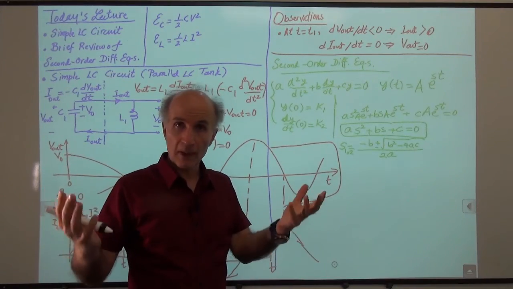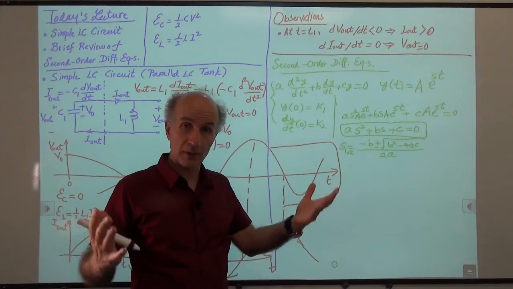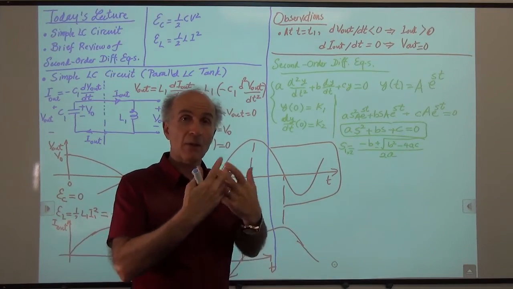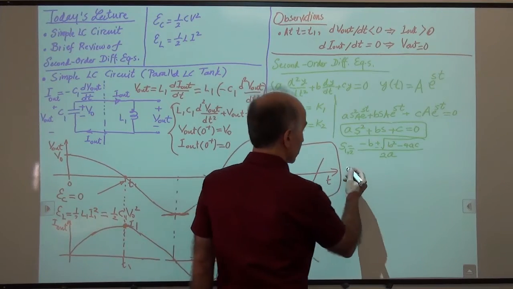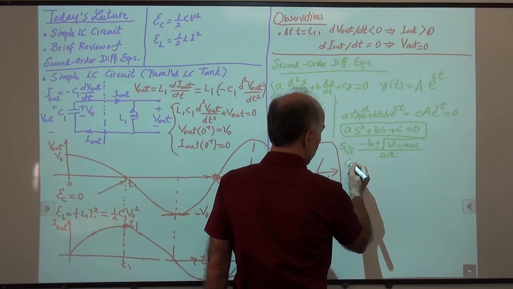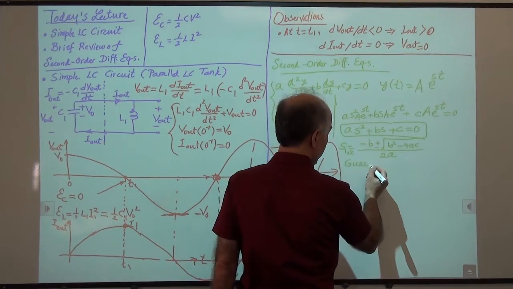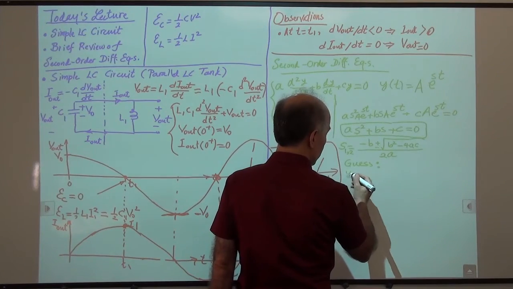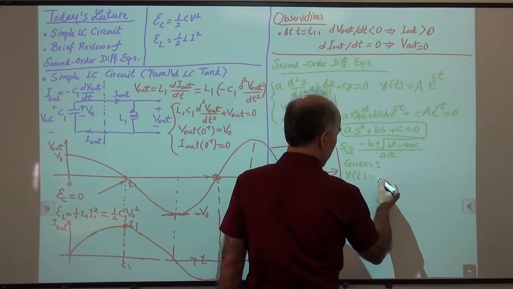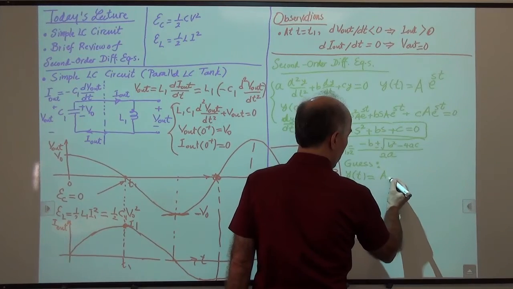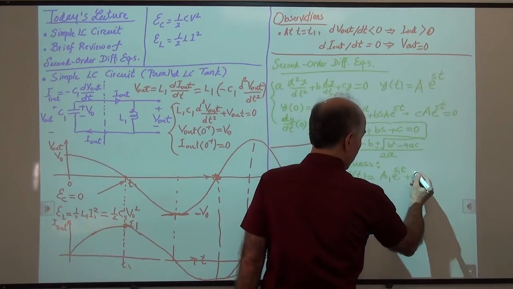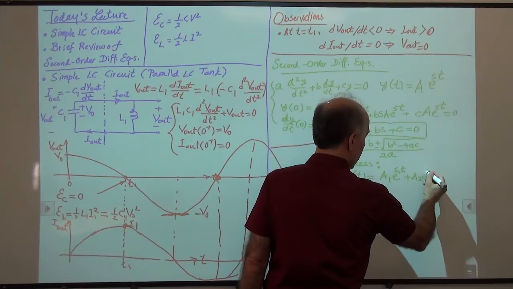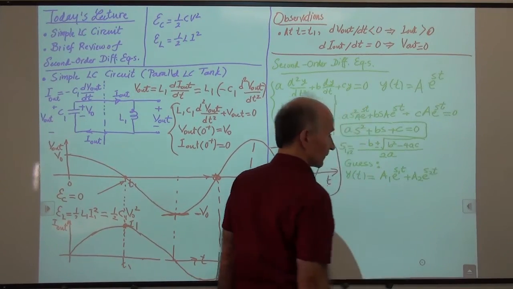They're both acceptable solutions for the system, so they could coexist in the response of the system y of t. So I could imagine, so we guess that y of t is of this form: a1 e to the s1t plus a2 e to the s2t.